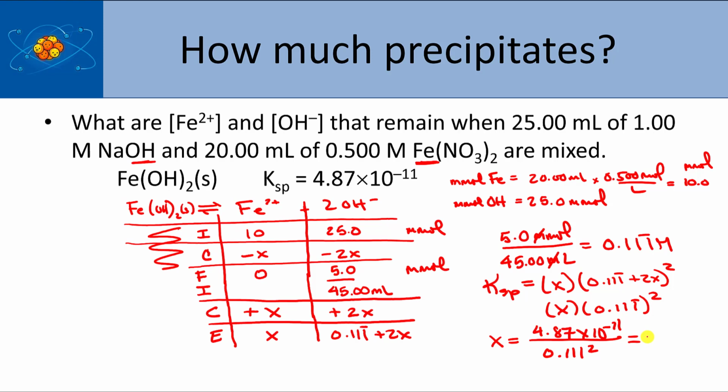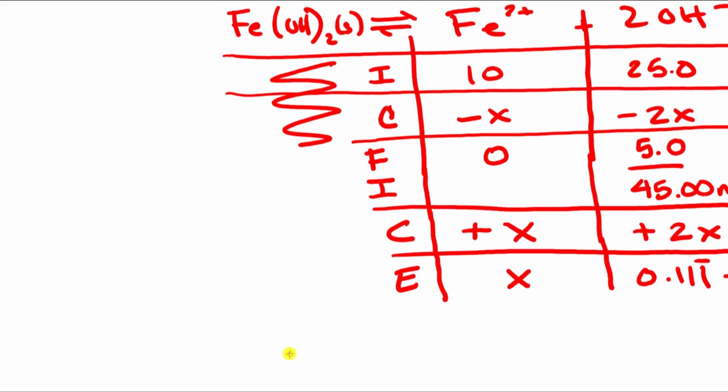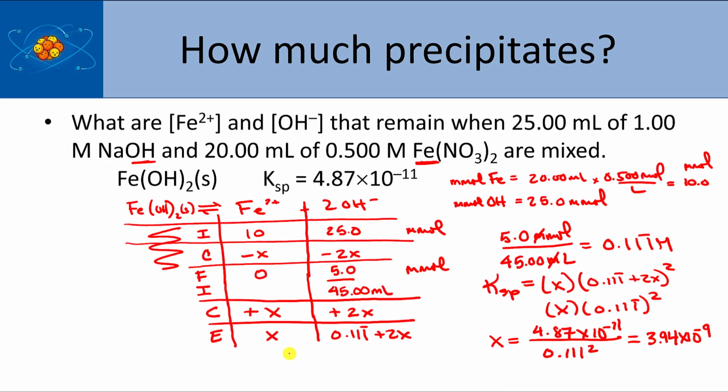That ends up being 3.94 times 10 to the minus 9. So that's the concentration of iron at equilibrium.